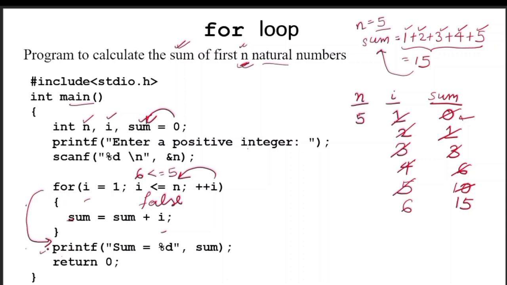Alright? And whatever is present outside the loop, we execute that statement. So what will be your output? Sum is equal to 15. And now we return the value 0. This is how your program is going to work.